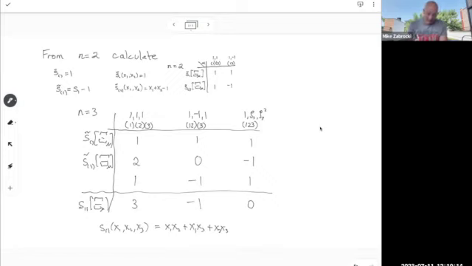Well, I need to have this row here. How do I get that? I take this row and I subtract off this row. So I should take my S11 tilde. It should be equal to S11 minus S1 tilde.